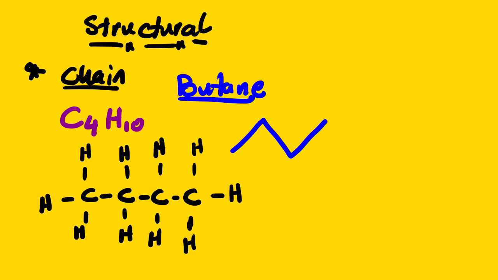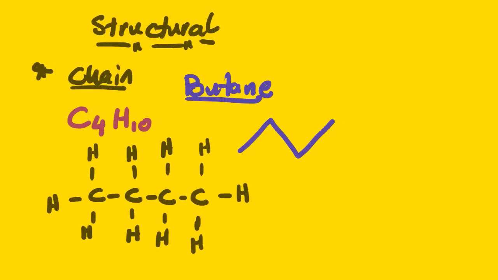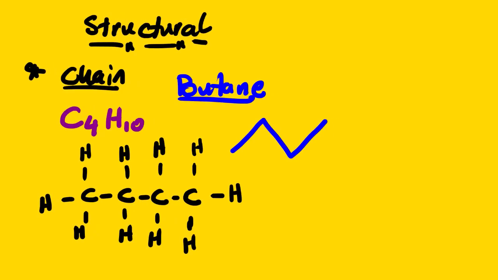But do we have another way to have 4 carbons and 10 hydrogens? Yes. And it is only possible if we look at isomers. So suppose we have the structure. Instead of having carbon here, let us actually take it and put it here.